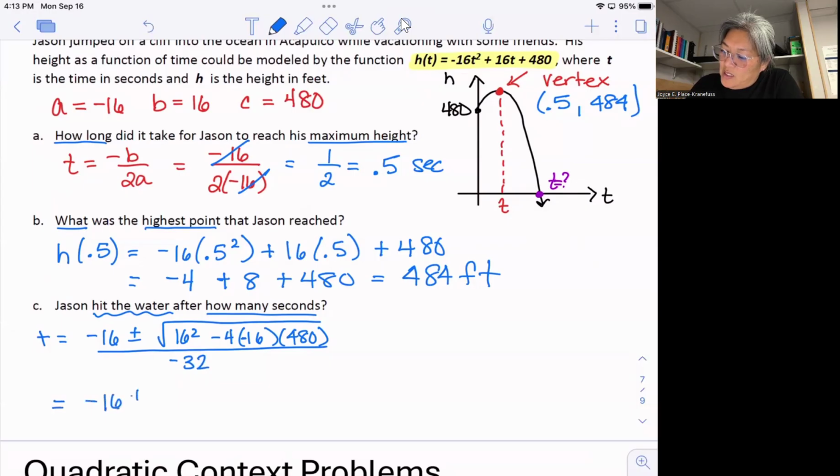So negative 16 plus or minus the square root. 16 times 16 is 256. 4 times 16 times 480 is 30,720. Add that to 256.